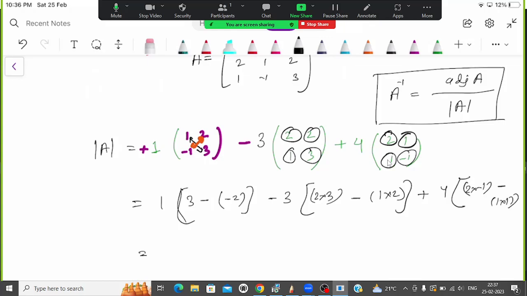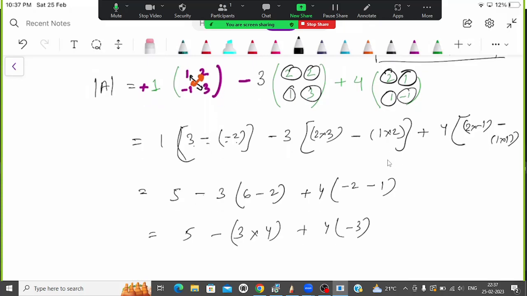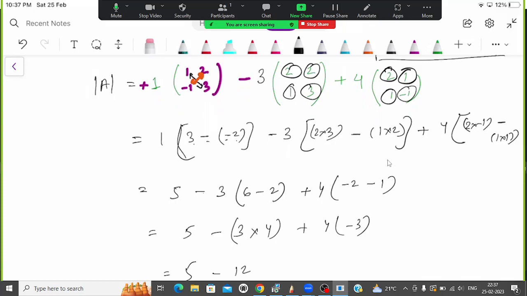So you get 5 into 3 into 4 plus 4 minus 3, so 5 minus 12 minus 12.